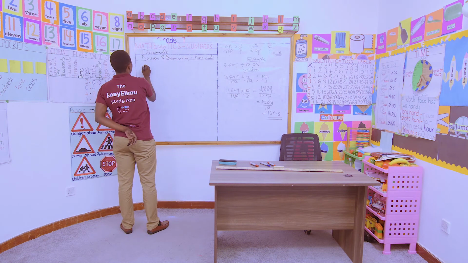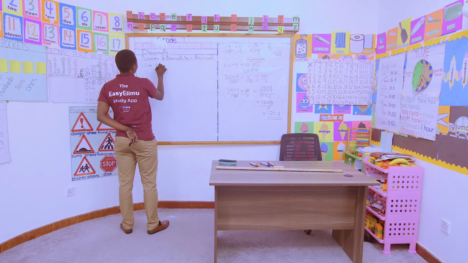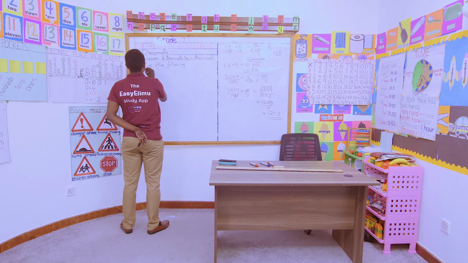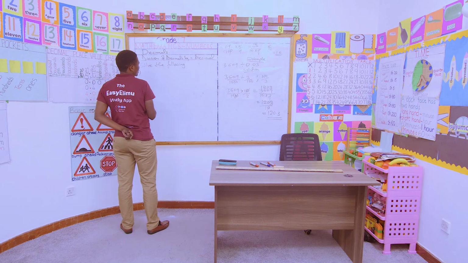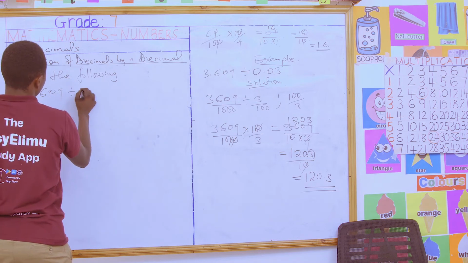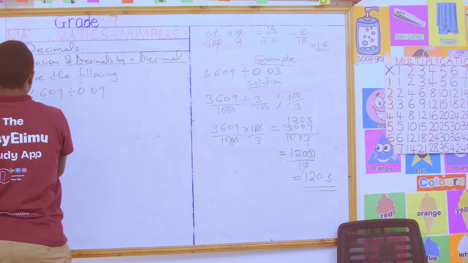Solve the following. Number 1: A, 3.69 divided by 0.09.